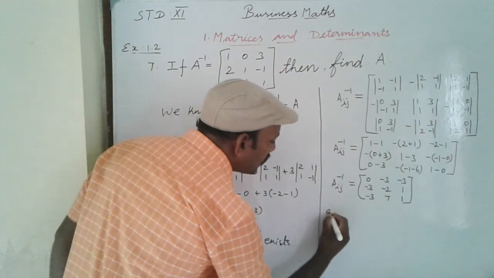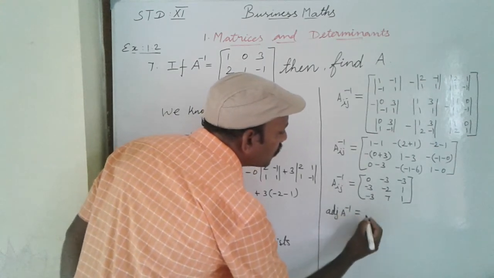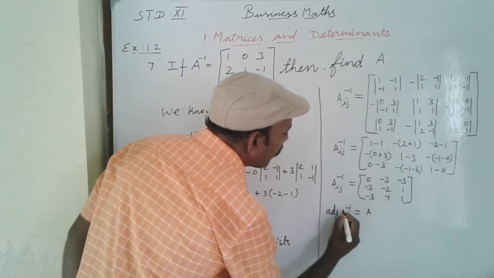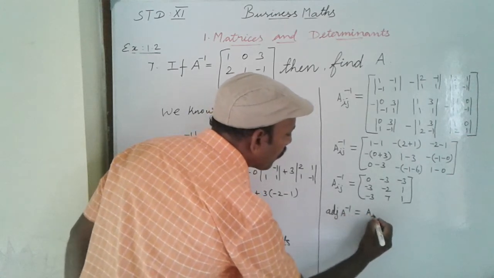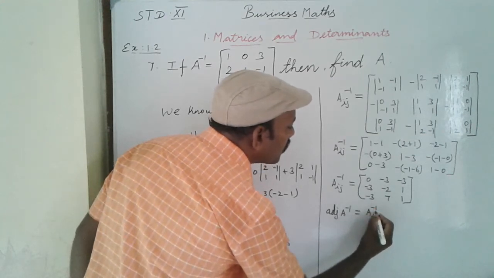We should find the adjoint of A inverse, which equals the transpose of the cofactor matrix Aij inverse.